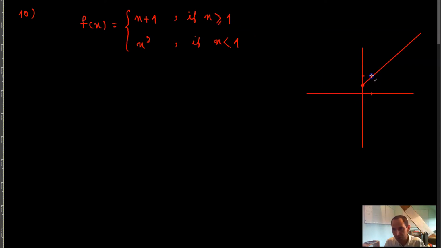That gives me this point over here, and then f of x is equal to x squared for x less than 1. X squared would be this point over here.